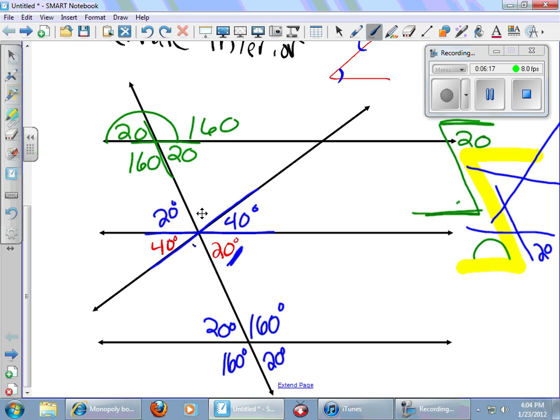I'm going to go ahead and use this 40, and I'm seeing a z right here. So if those are alternate interior angles, this 40 must be the same as this angle here. It must be 40. And then here I have an x. So the opposite ones in the x are the same.